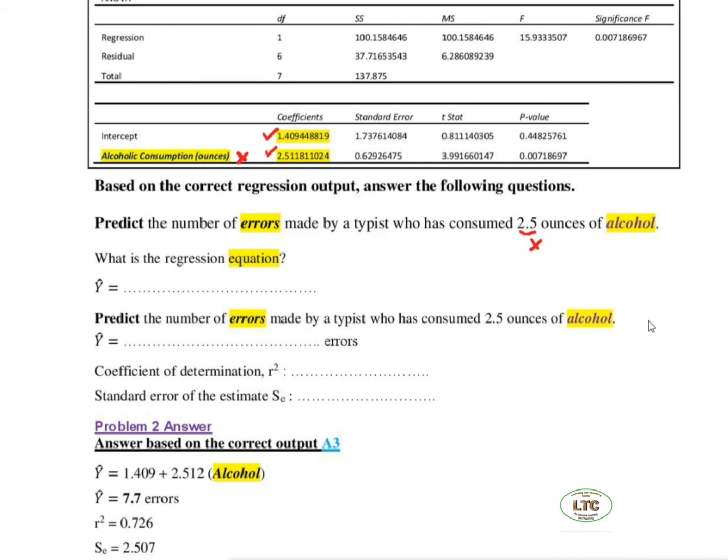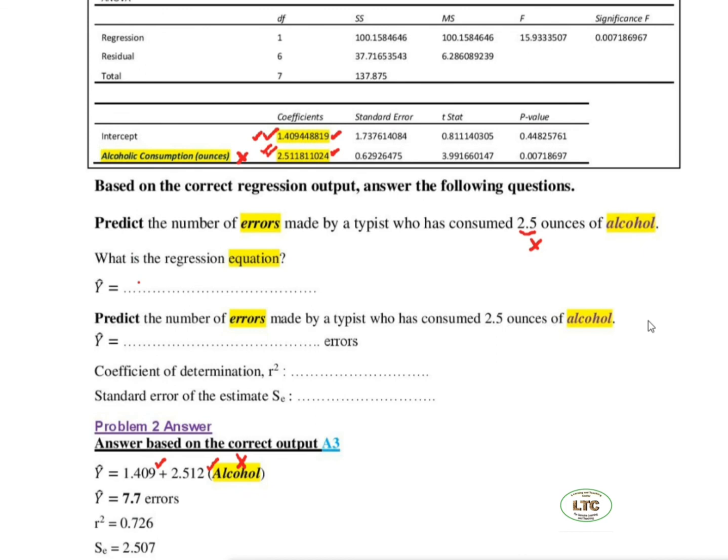So you compute A plus B times 2.5, then you write the regression equation here: A 1.49 plus B 2.512 times x alcohol.